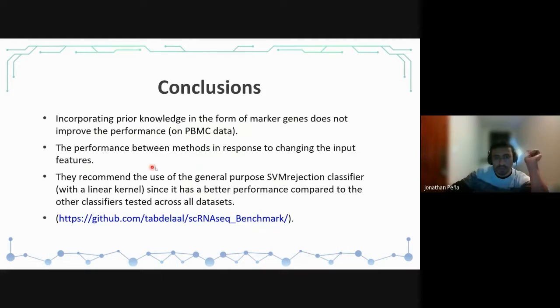E também diz que a performance entre os métodos muda em dependência dos genes que se estão utilizando. Então, é importante realizar uma boa seleção dos genes que vão ser utilizados para anotação.